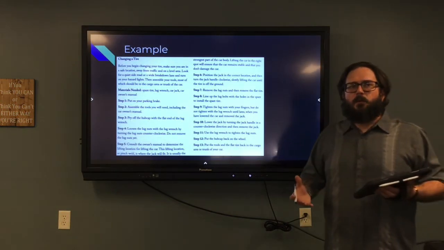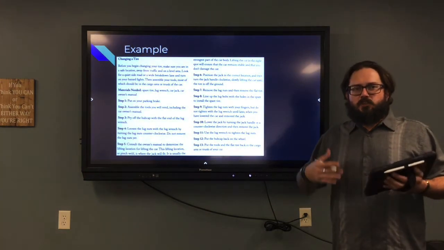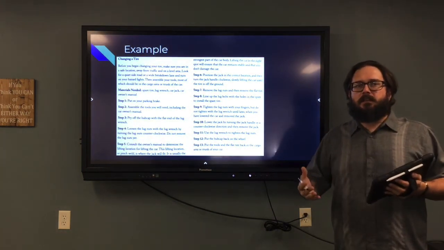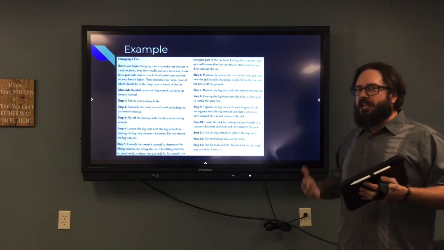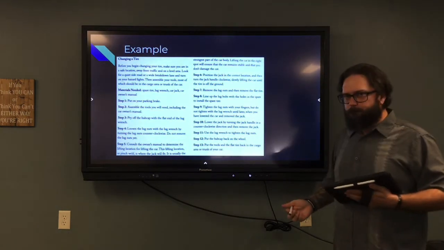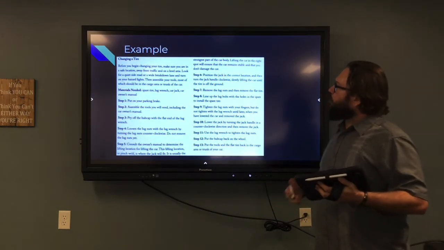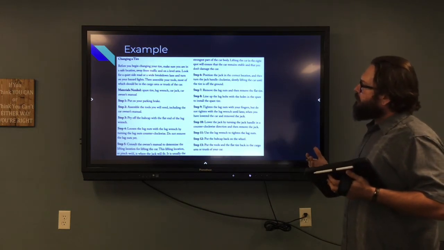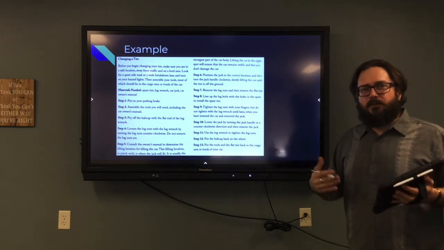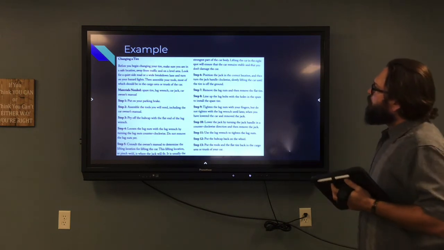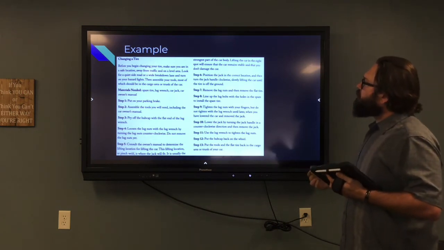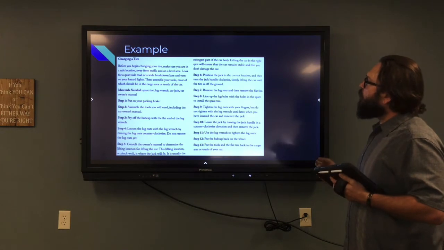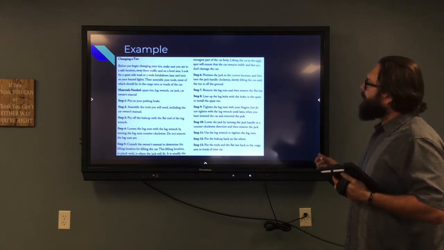In this example, we are presented with the instructions for the steps of a procedure to change a tire on a car. So we see that it presents us with some information that we need before we get started. Before you begin changing your tire, make sure you are in a safe location, away from traffic, and on a level area.